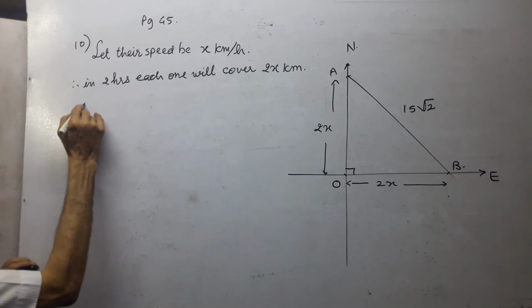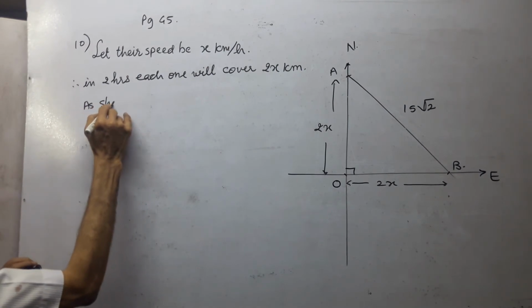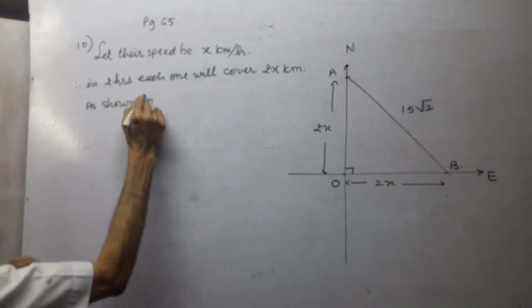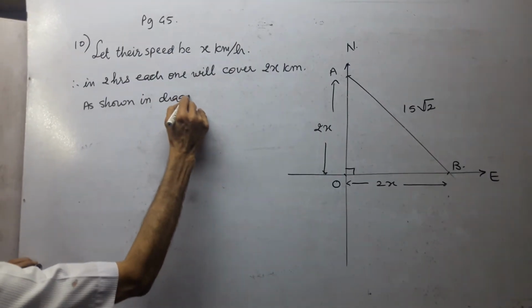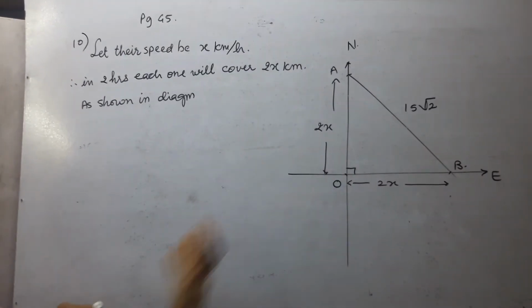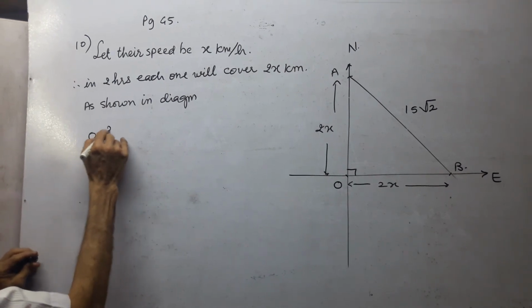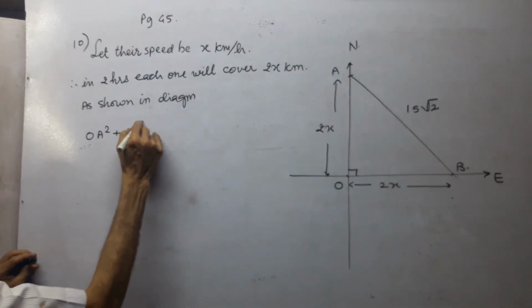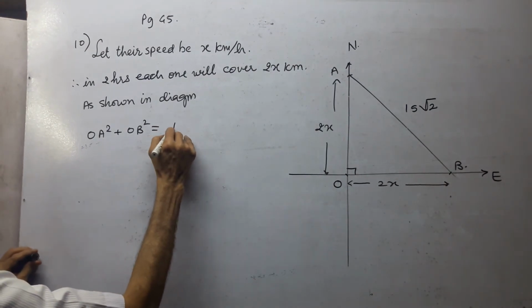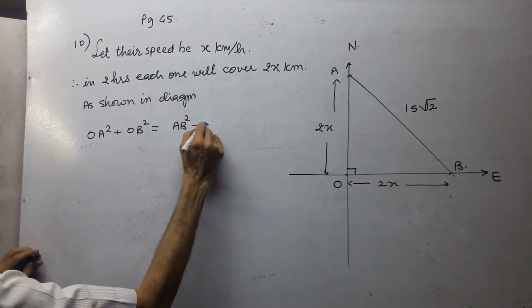So OA square plus OB square is equal to AB square. Pythagoras theorem.